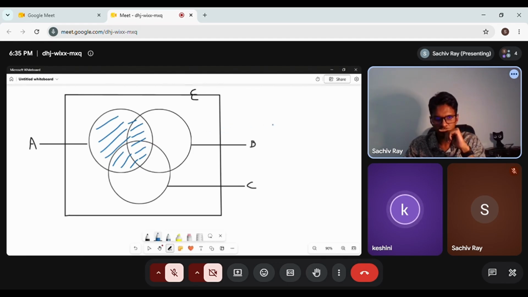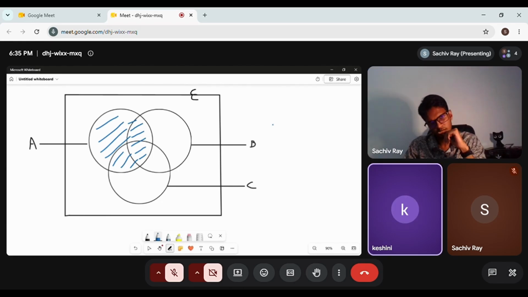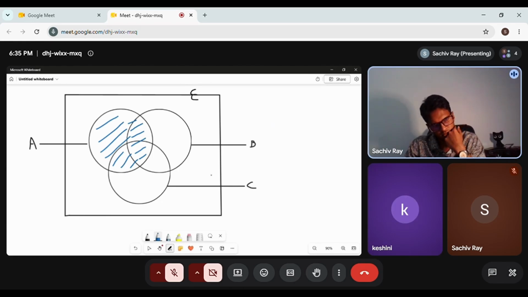B intersection C complement. B and C parts are also there, right? That's A, right? Okay. Union.